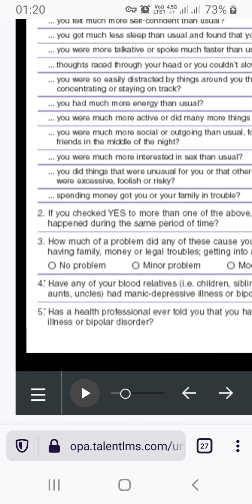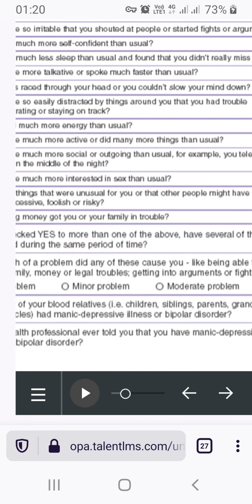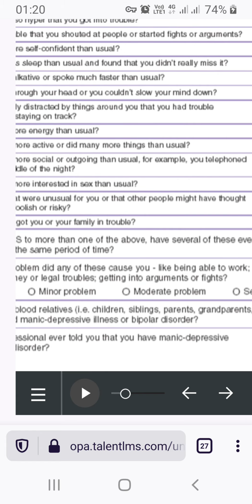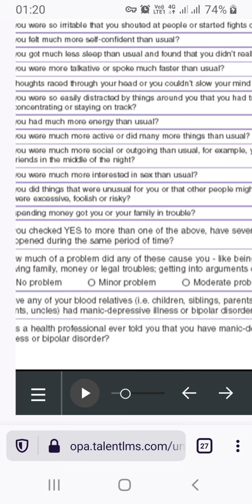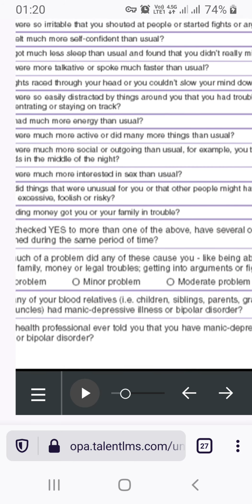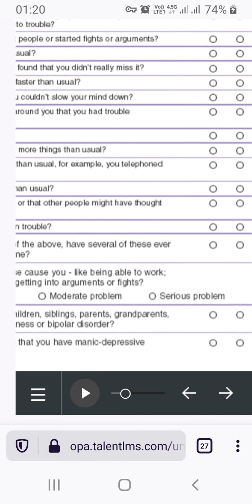How much of a problem did any of these cause you, like being able to work, having family, money, or legal troubles, getting into arguments or fights? Moderate problem, minor problem, severe problem.